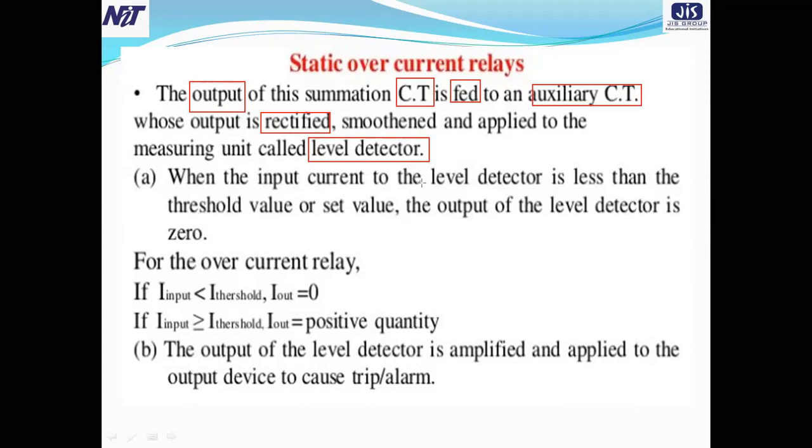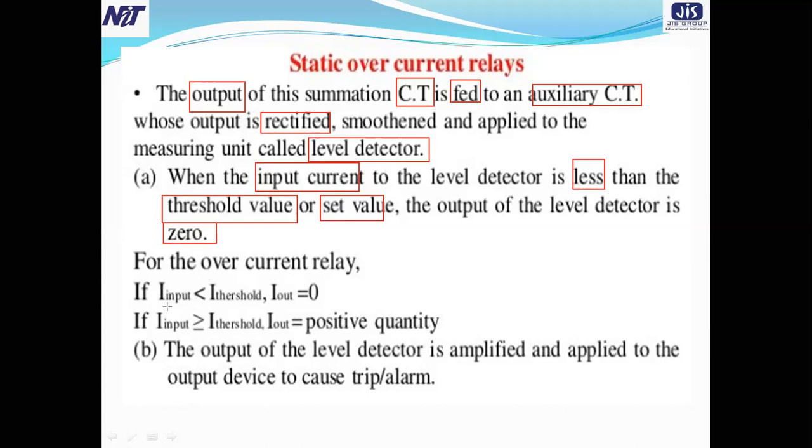When the input current to the level detector is less than the threshold value or set value, the output of the level detector is zero. You have to remember this line.